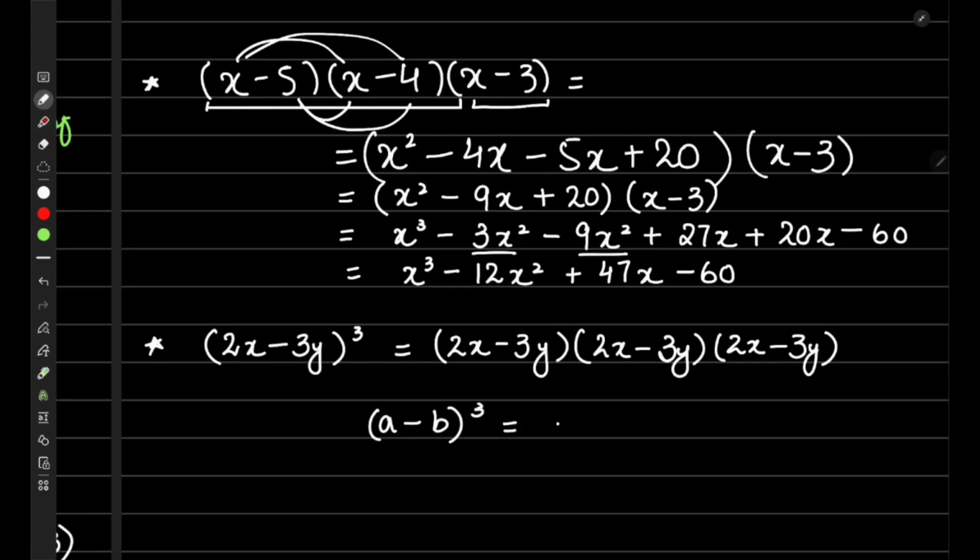That is a cube minus b cube minus 3ab into a minus b. Or you must know the positive one also, a cube plus b cube plus 3ab into a plus b.